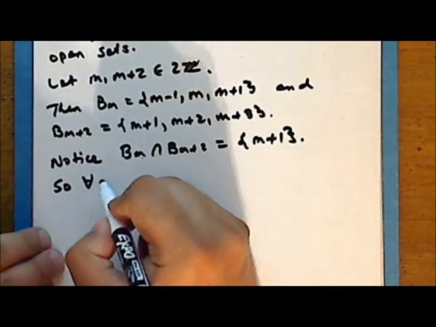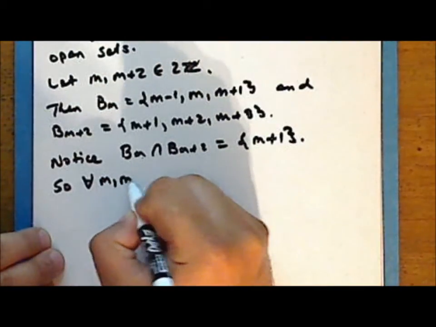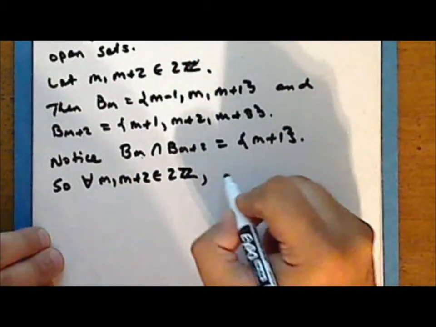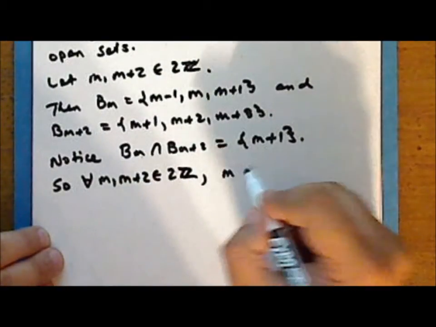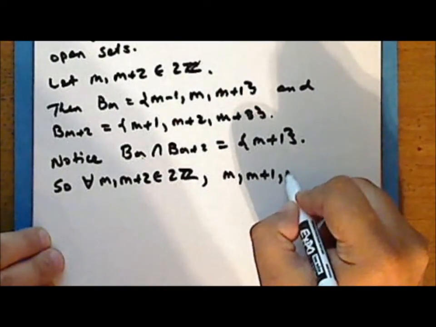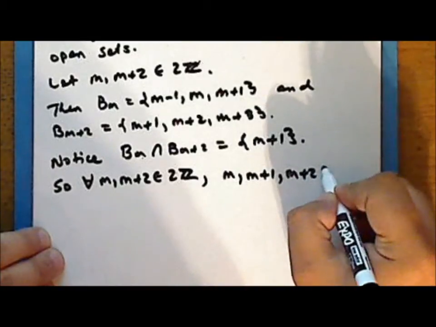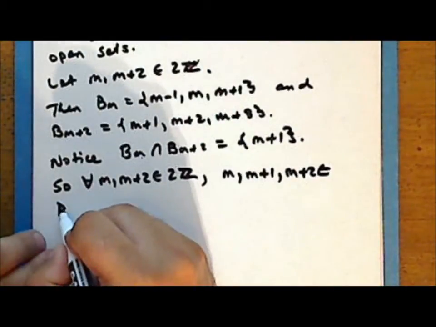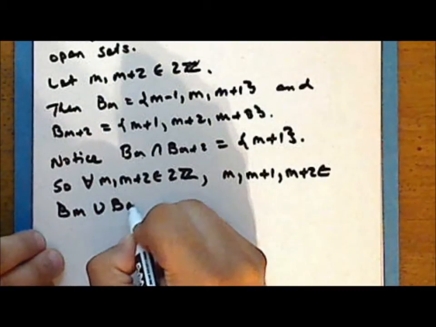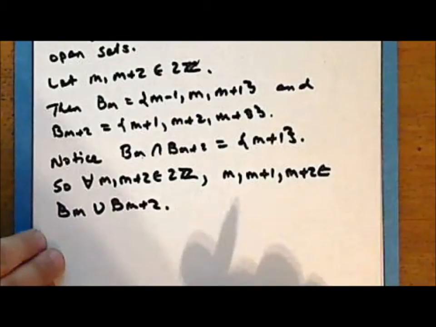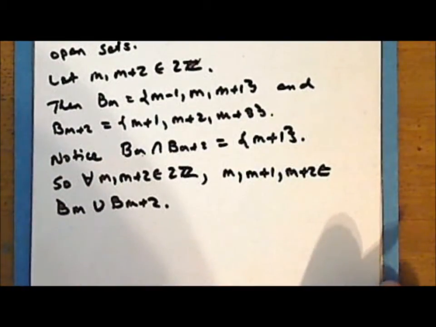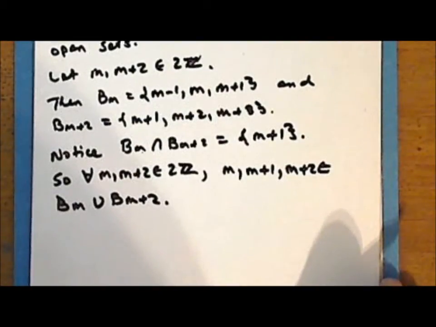And so for every pair of consecutive even integers, both even integers and the odd integer between them are in the union of the basis elements B sub m and B sub m plus 2. In other words, we will always have an overlap between two basis elements when we take a union.